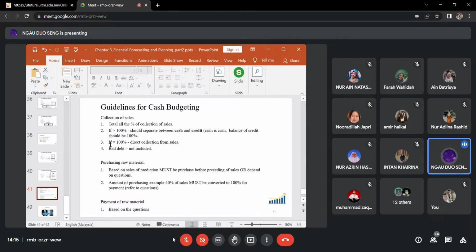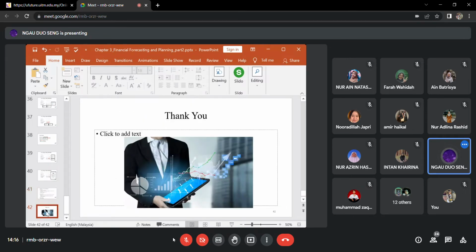And then if equal to 100%, then this is direct collection. This one is indirect, so bad debt not included. Purchasing raw materials based on the sales predicted must be purchased before proceeding on sales, or depend on the question. So if the amount of purchasing exceeds 40% of sales, it must be converted into 100% for payment, right? For the previous question. Right, okay, based on question.